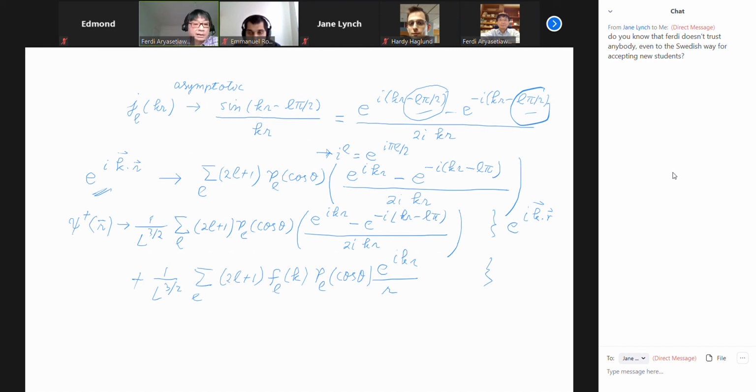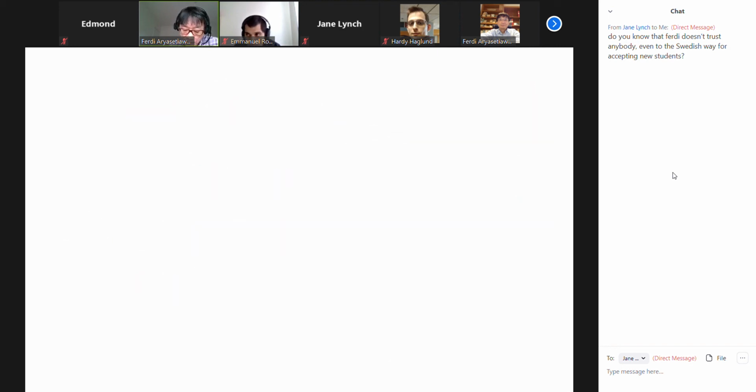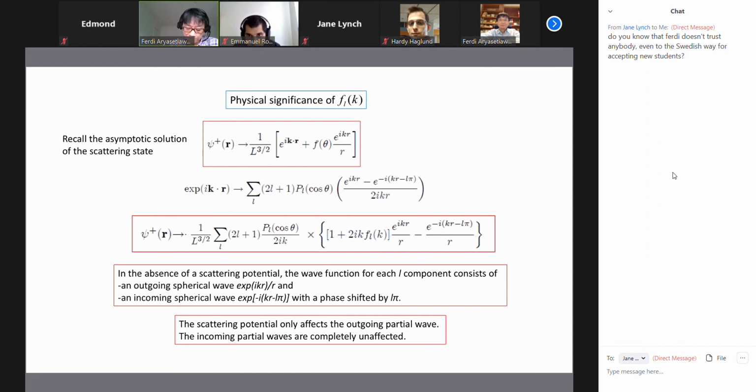So you put things together, and we can go back now to the result here. So we get that expression. This expression is actually very interesting. We see that it consists of two terms for each angular momentum component L.